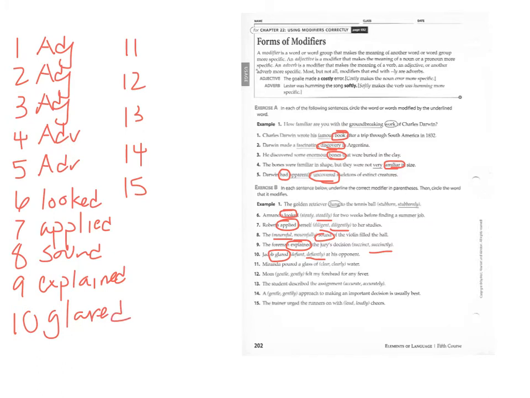For 11, we want to go with clear, and it describes water. 12, we're going to go with gently, it describes felt. 13, we're going to go with accurately, and it's going to modify the word described. 14, we're going to go with gentle, it describes approach.